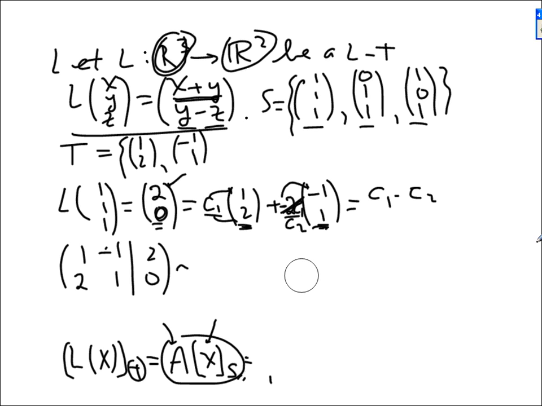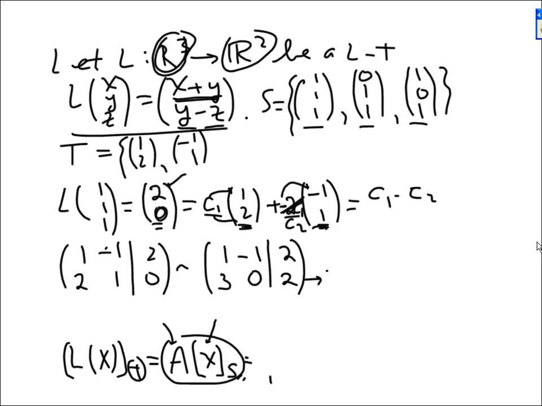If I add row 1 and row 2 together, and I put the result in, doesn't matter where I put it, I'll put it in row 2. I get 3, 0, 2. Now I can do back substitution.